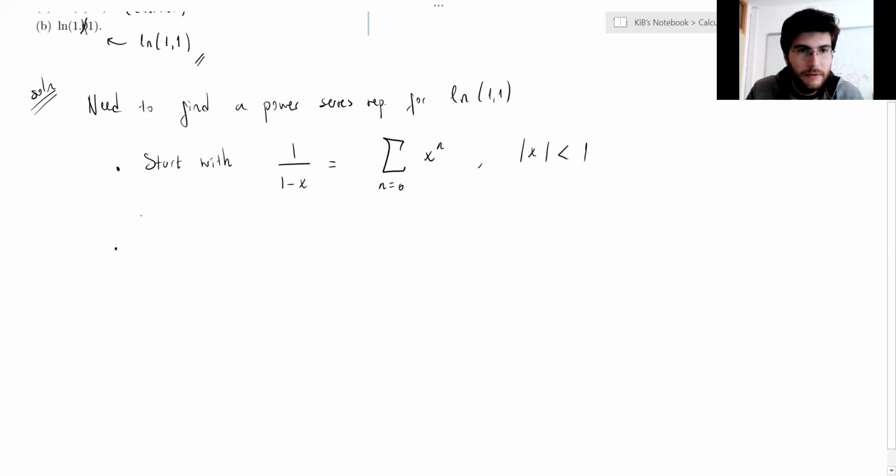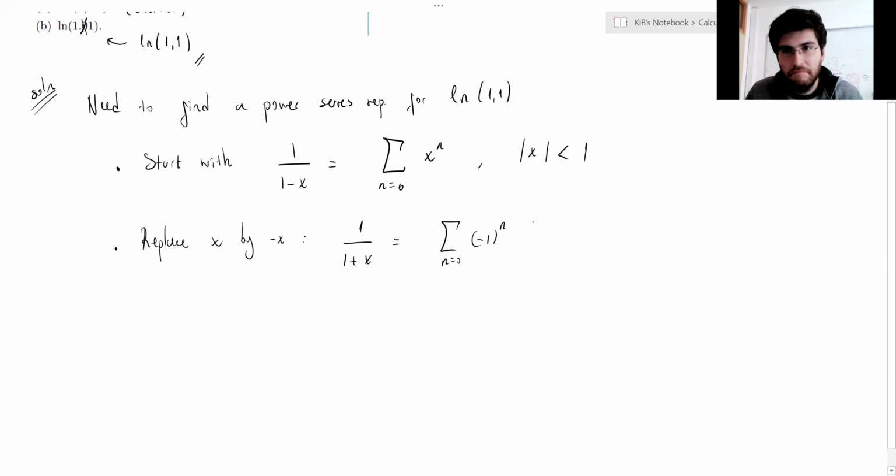So let's see, what is the first move? Just replace x by minus x. If you do this, you have 1 over 1 plus x, and of course the sum starting from 0 of minus 1 to the n, x to the n, a new expression.